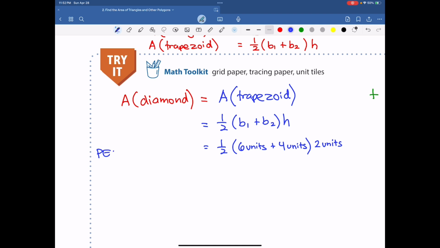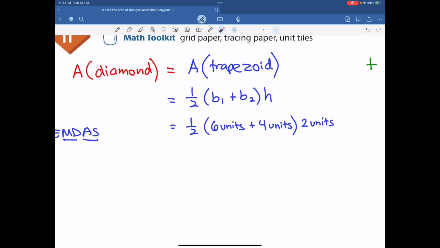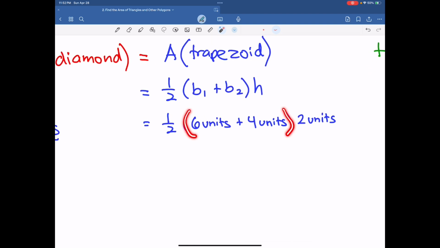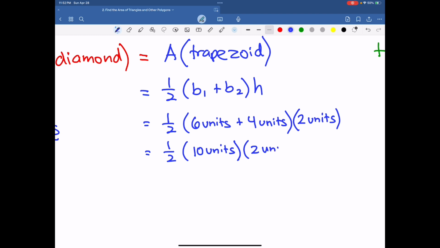And in PEMDAS, we need to look at parentheses first. So inside the parentheses, 6 units and 4 units give me 10 units. So on the next line, 1/2 times 10 units times 2 units. I'm going to wrap this up to make it easier to see. Times 2 units.